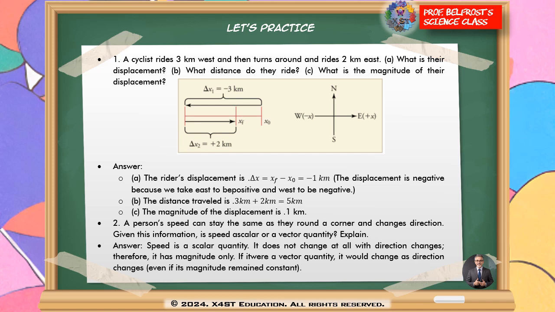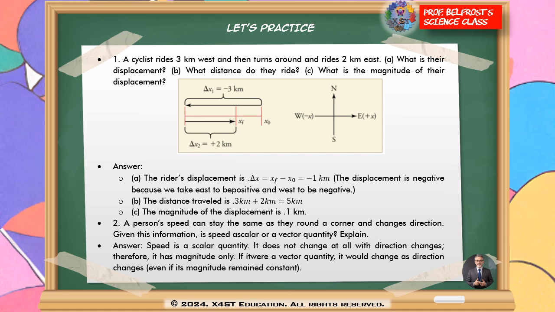The first thing you need to do, and I hope you do that, is to draw a sketch from the information given in the problem. After sketching it, you can have a very clear picture of how to solve each of the points.